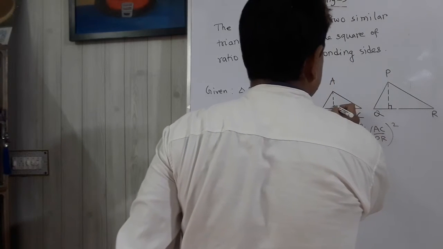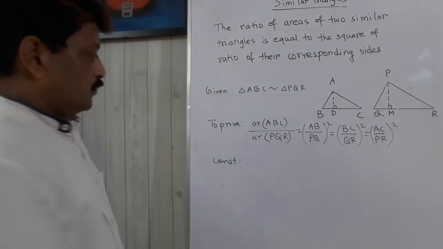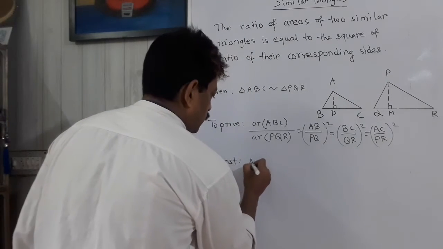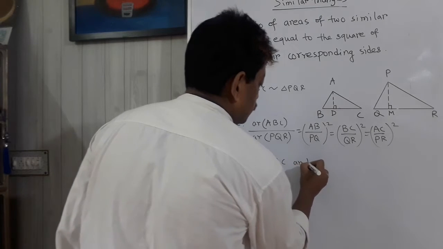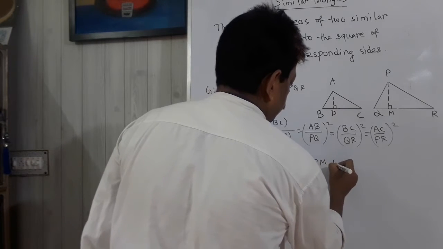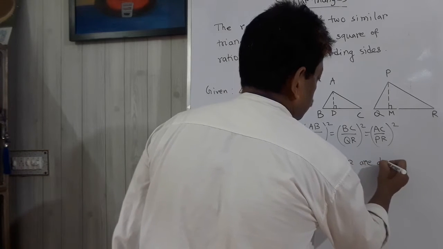These are the altitudes. So AD perpendicular to BC and PM perpendicular to QR are drawn.